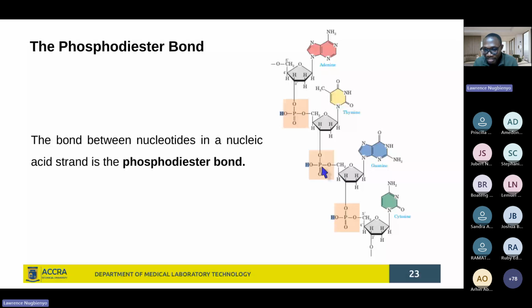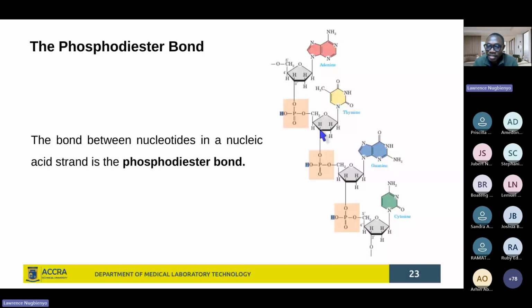So if the bond between the phosphate group and the sugar is a phosphoester bond, and you pay attention to the bond between that phosphate group and the nucleotide above it that it is binding to, you will see that it is the same type of bond.